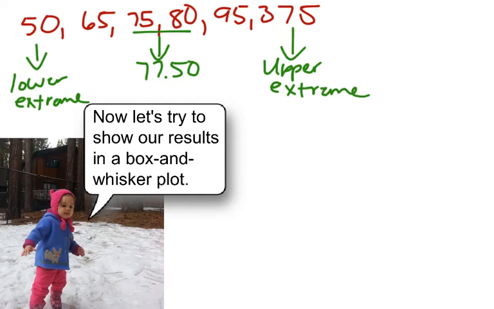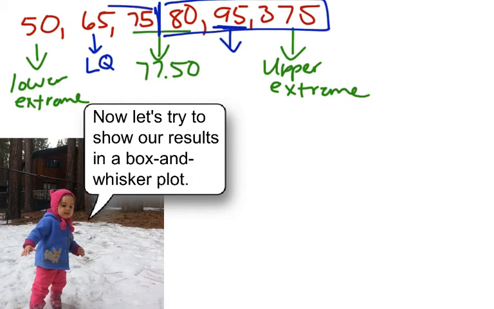Now I'm going to look at my quartiles. My lower quartile is 65, so I'm just going to label that LQ for lower quartile, and my upper quartile, which is 95, the number right in between. So basically you draw an imaginary box on each side, and then you look at your middle number for your lower quartile and your upper quartile. That's all it is. So I have those identified. Then I'm going to subtract the extremes to find the range, which I've already done.